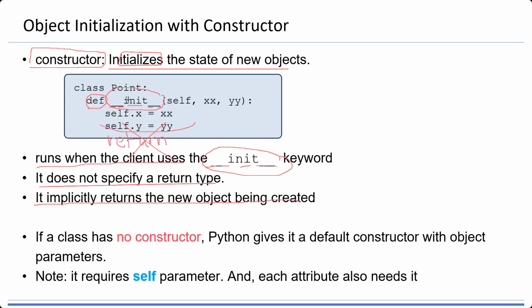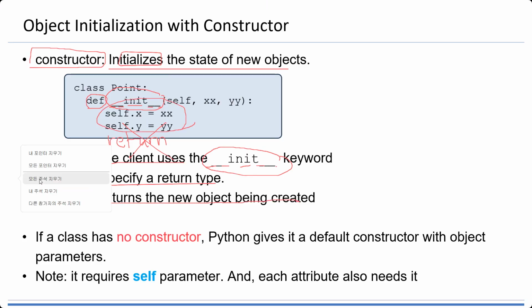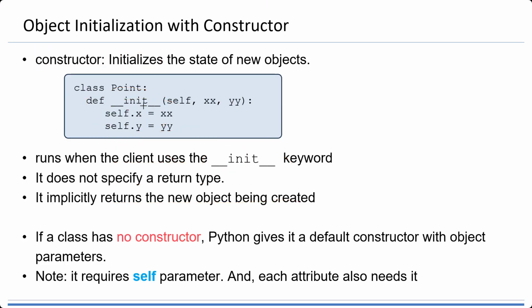Implicit means it is not shown directly, but it is available in Python. And when you have the new object, for example, in this case, I have x and y, the new object will have a new value for the x and a new value for the y.